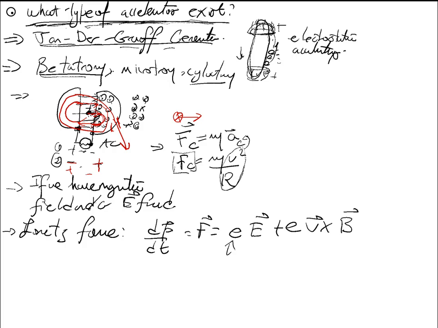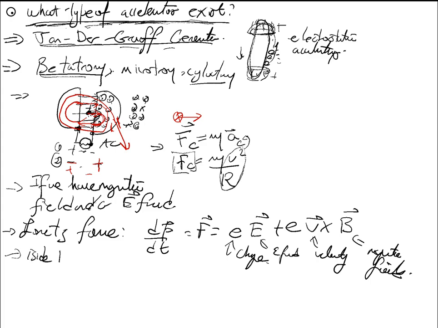Here is charge, E field, velocity, magnetic field. So if you only have magnetic field, because imagine this, you just entered the Ds, so inside the D, no E field. So E field is 0. So we have the force only being qv cross B.